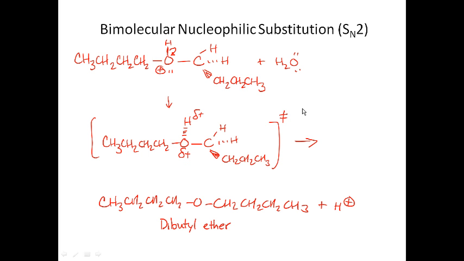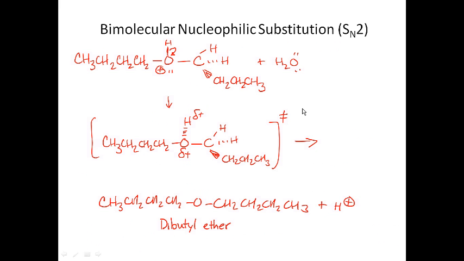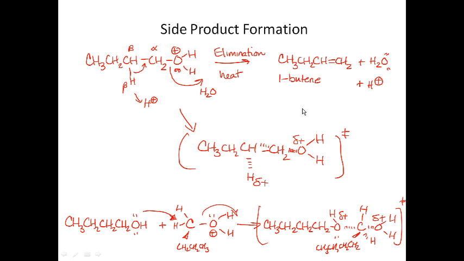So as a part of the high temperature environment of this reaction, we can get a number of side products, two major ones. The first is the formation of 1-butene by elimination of the beta hydrogen and the oxonium ion.